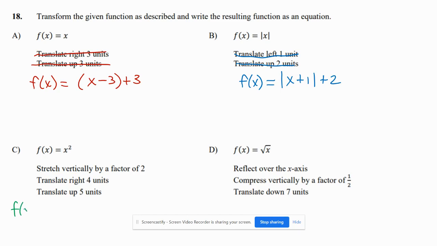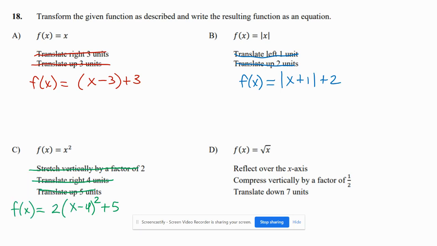Okay, so we have f of x equals, we want it to stretch vertically by a factor of 2, so our a will be 2. Okay, we want it to translate right. That'll be x minus 4 squared, so that means our h is positive 4, so that we can travel to the right. And then k is positive 5 because we want it to go up 5 units.